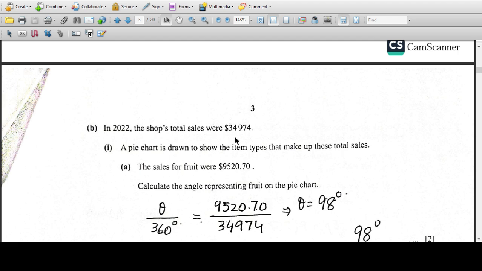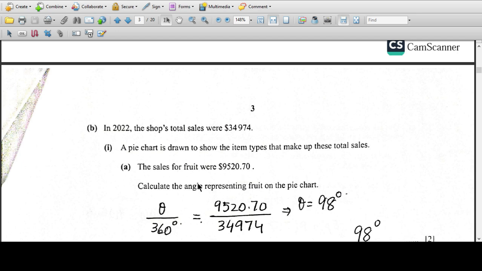If the 100% pie, or 360 degrees, represents this $34,974, then the sales of fruit correspond to theta.